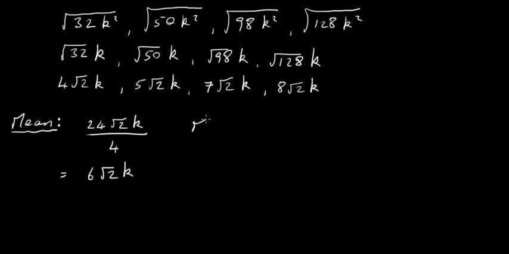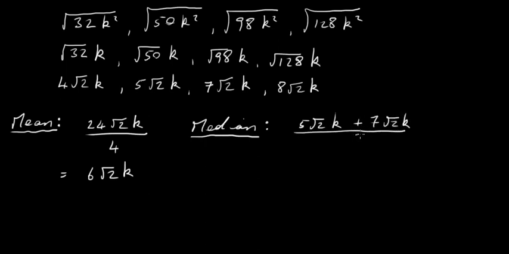So let's work out the median then. The median in this case is the middle number of these 4 numbers. Because it's an even number of numbers, there isn't a median that's one of the terms. We've got to pick the 2 middle numbers, add them, divide by 2. So we're going to take 5 root 2k plus 7 root 2k, add those two and divide by 2.